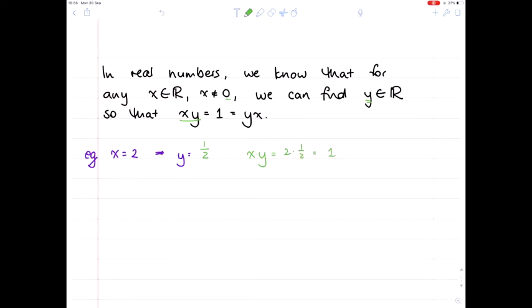So for any real number other than 0, we can find a multiplicative inverse, something we can multiply by to get back to 1. So the question that we want to ask is, can we find matrices that do the same thing? So we've got over here, this is our multiplicative inverse.